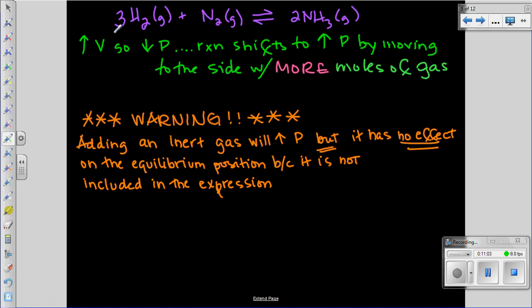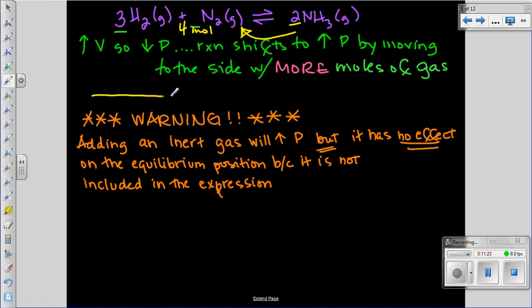In this case, I'm going to have 3 and 1, so that's 4 moles of gas on the reactant side. I have 2 moles of gas on the product side. So in this situation, it's going to shift left to try to increase pressure.